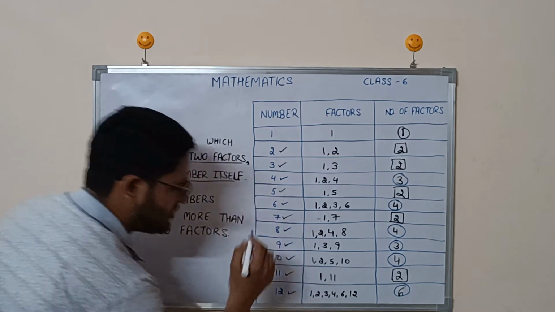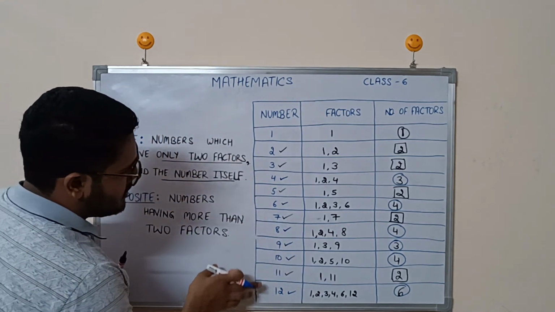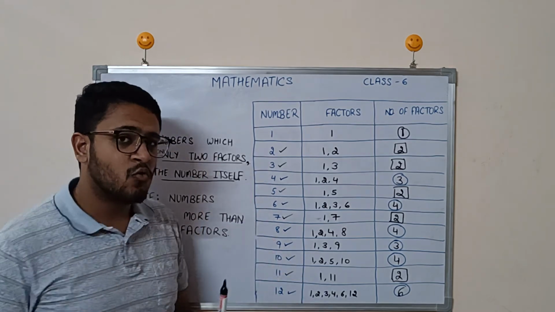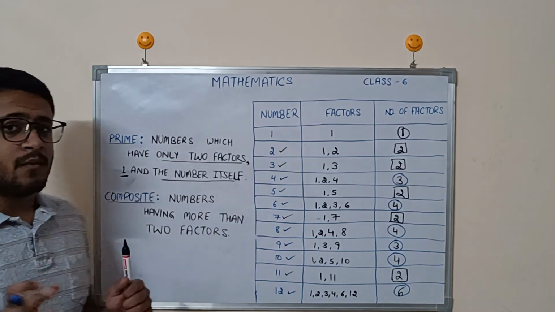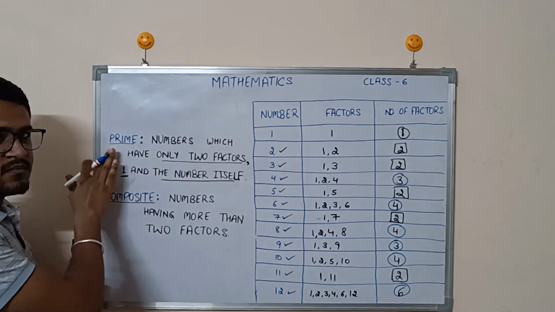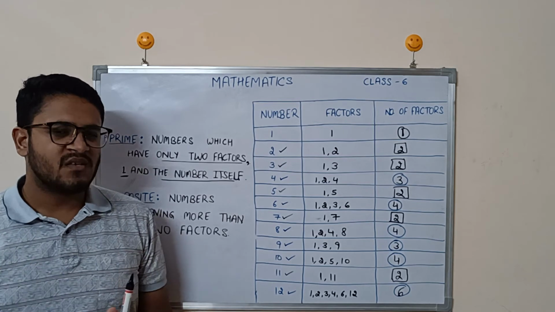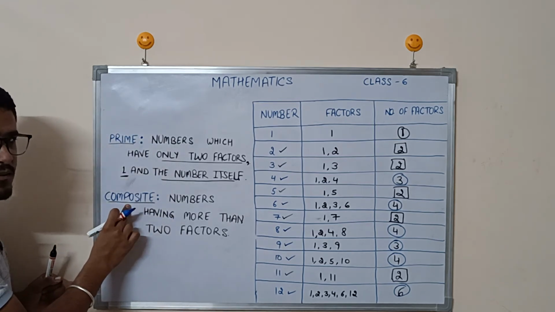Similarly 12 is also a composite number. So far we have covered the numbers which have only two factors or more than two factors. The numbers which have only two factors are called prime numbers. The numbers which have more than two factors are called composite numbers.